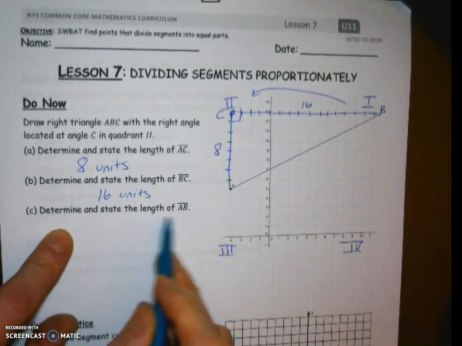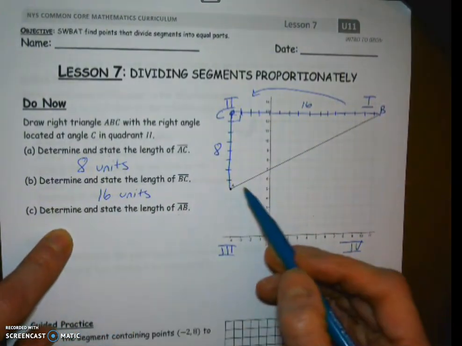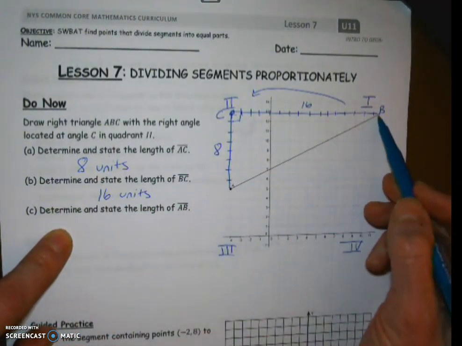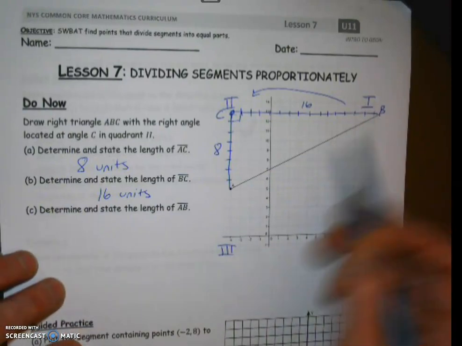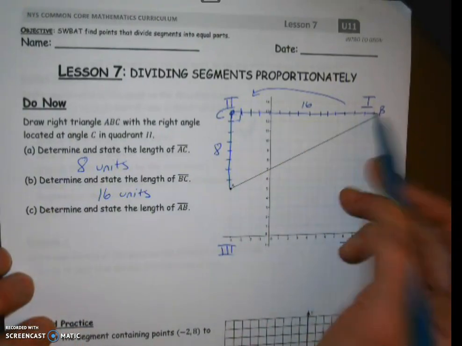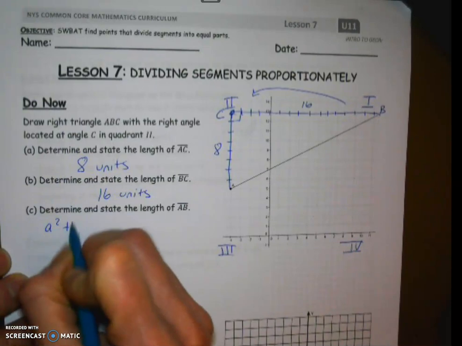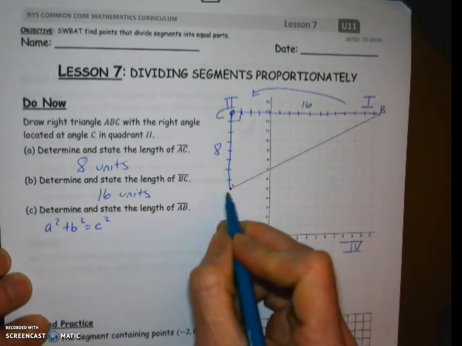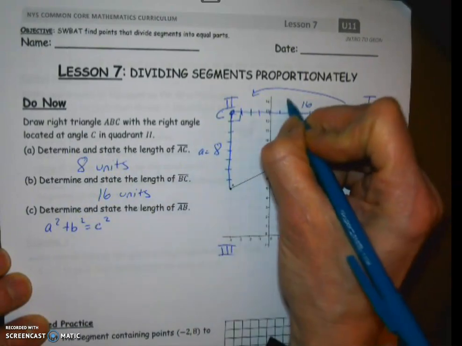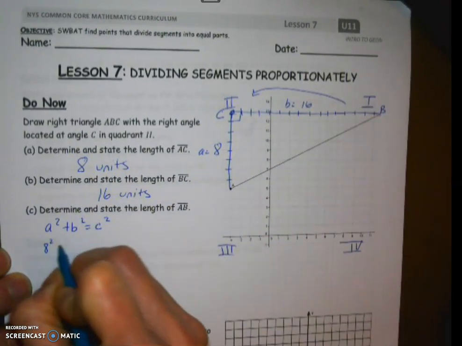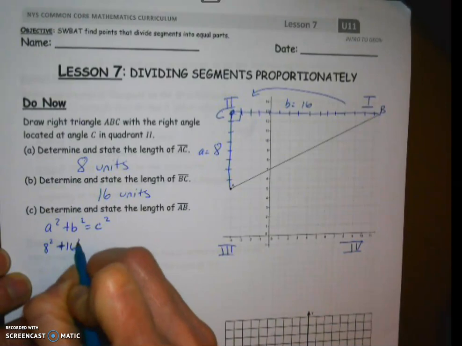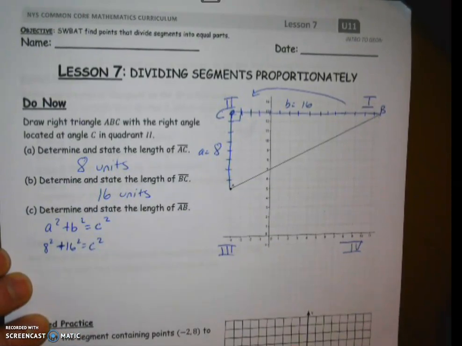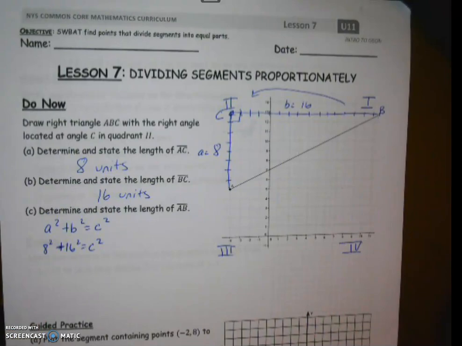Now they say determine and state the length of line segment AB. Line segment AB is a diagonal line. So what we're going to have to do is use this right triangle and the Pythagorean theorem to find the length of segment AB. So A is going to be 8 units, B will be 16 units, and we're going to find the length of AB. 8 squared plus 16 squared equals C squared.